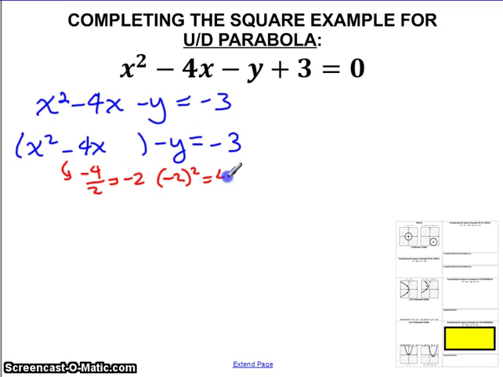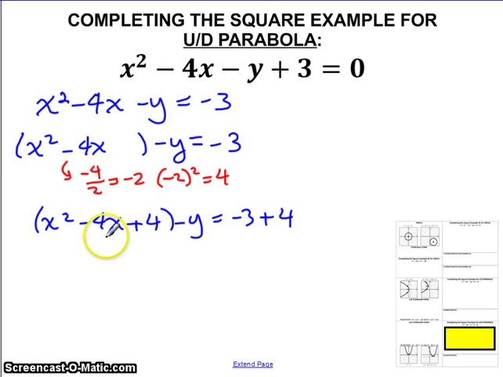Square. All right, and now this is going to be x squared minus 4x. We're going to take this 4, add it here, and we'll add it to this side as well. Factor this down using this number right here, x minus 2 squared minus y equals 1.